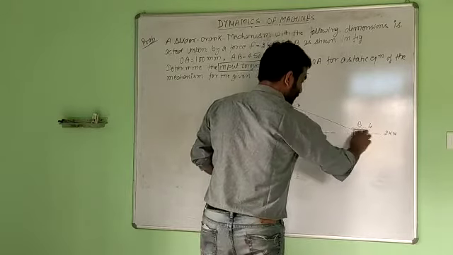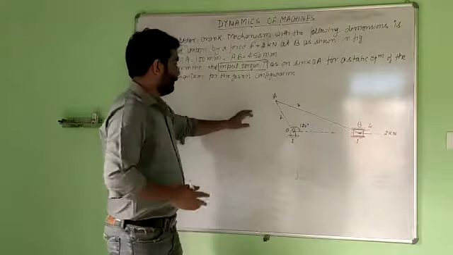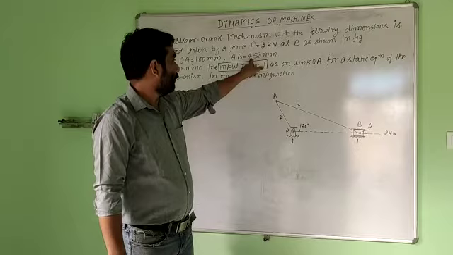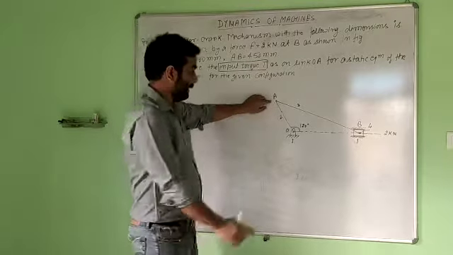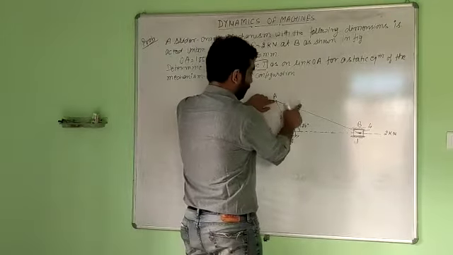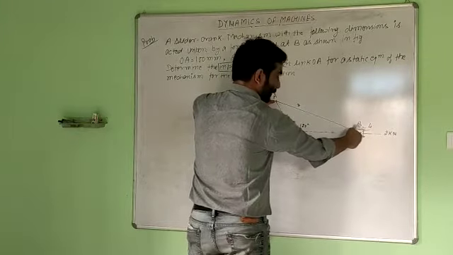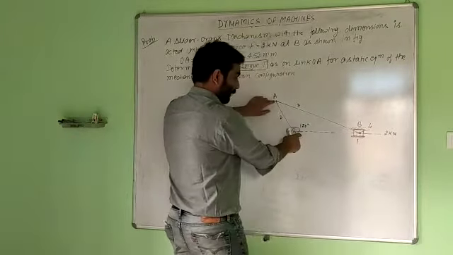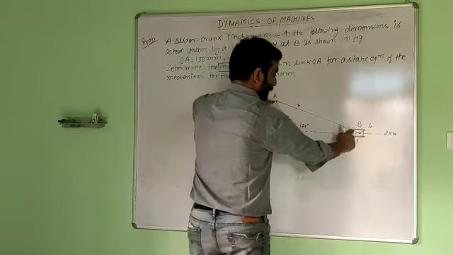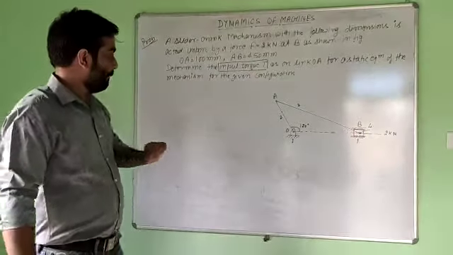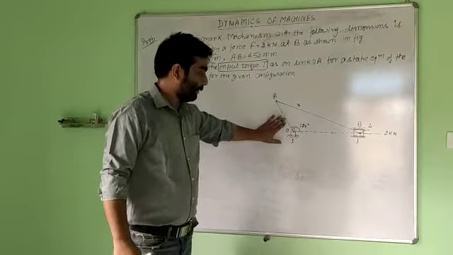Then we will mark an arc of 450 mm from point A. So we will have this point. Connect this point to point A, then connect AB. So we will have the configuration diagram.